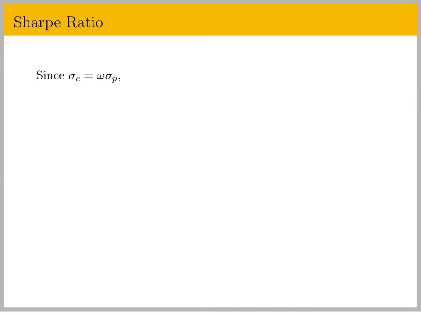Now, since we have this very convenient relationship that the volatility of the complete portfolio is simply omega times the volatility of the risky portfolio P, we can actually solve for omega.